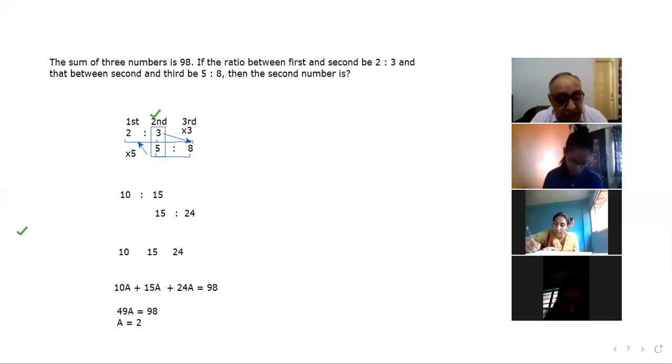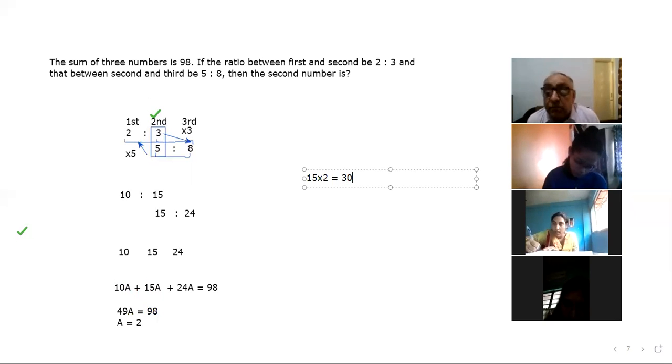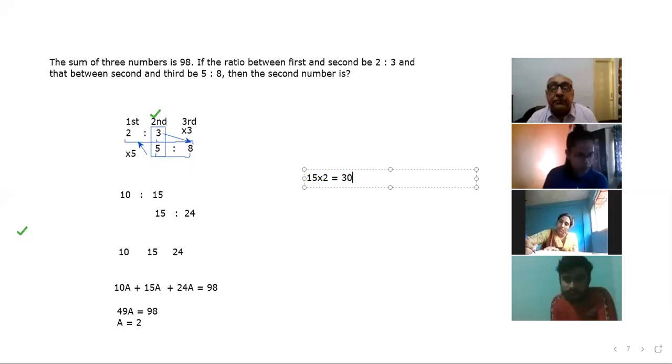It means 15 into 2, that is the value of the middle number, which is equal to 30. I hope it's clear.